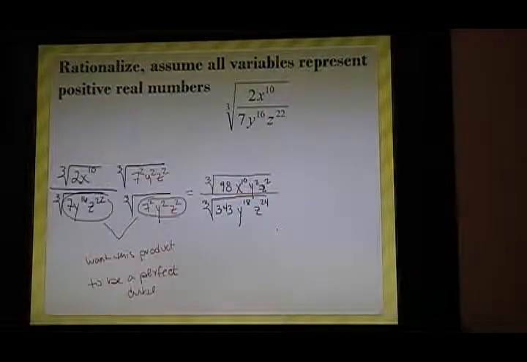And I cannot stop because I have simplification to do, and I saw that root in the bottom. So the cube root of 343 is 7. The cube root of y to the 18th is y to the 6th. The cube root of z to the 24th is z to the 8th.